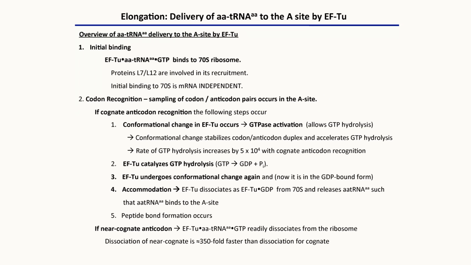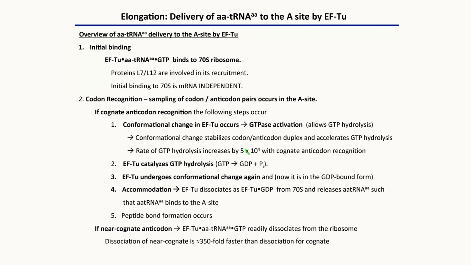Effectively, this conformational change stabilizes the codon-anticodon interaction, and that stabilization accelerates the GTP hydrolysis step. So this is all building towards a kinetic scheme. In terms of enhancements, what's found is that the rate of GTP hydrolysis by EF-Tu increases by about 5 × 10⁴ with cognate anticodon recognition in the A site.